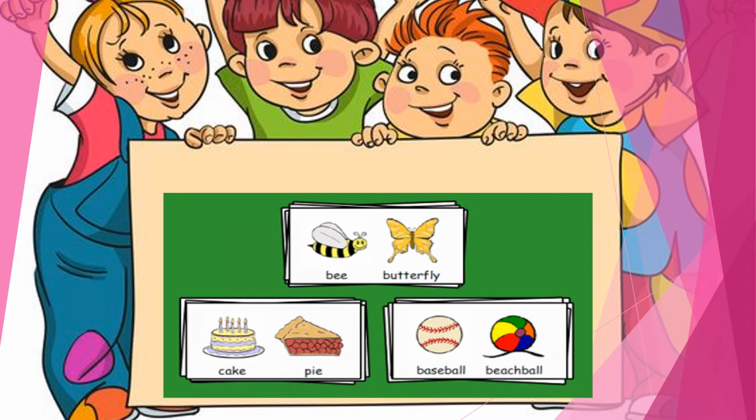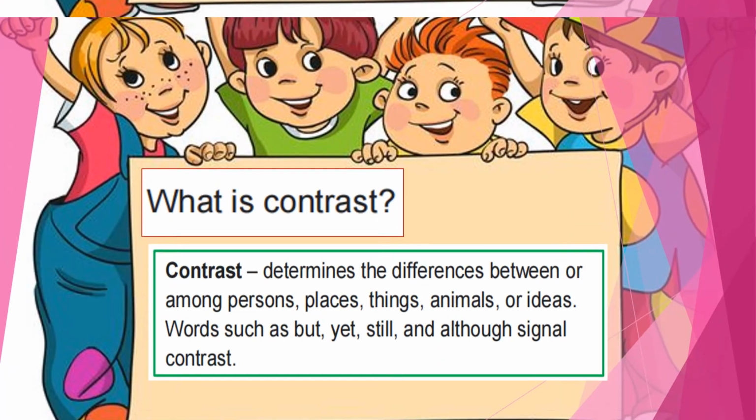The shape of a baseball is a circle. And the shape of the beach ball is a circle also. And both are sports game balls. Right? Okay. Next one. Now, that is activity number 1.